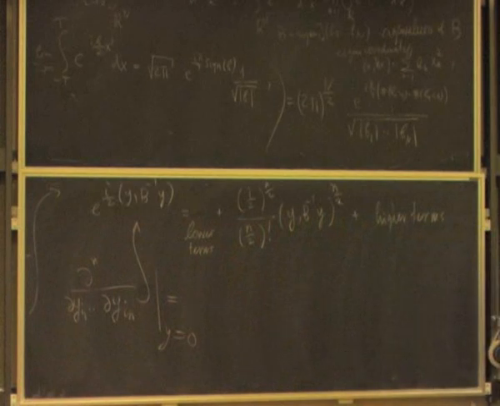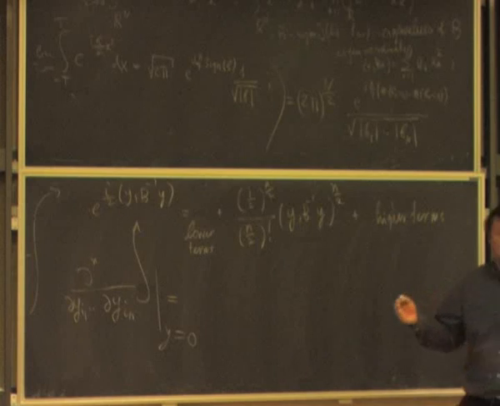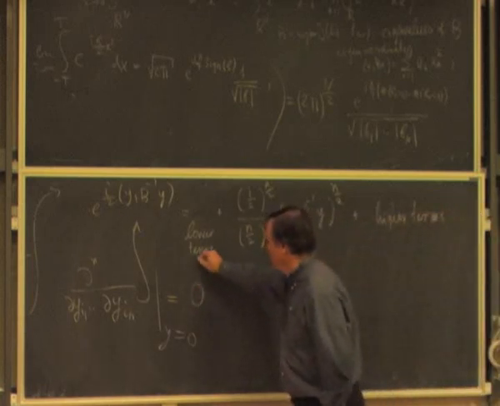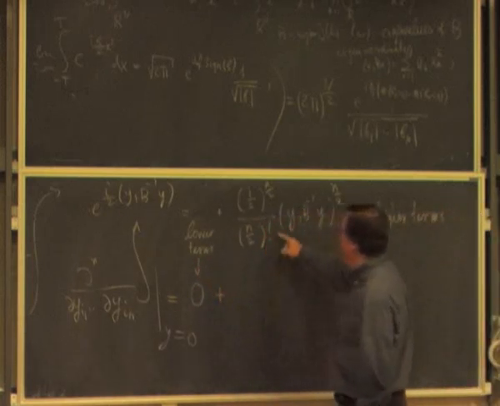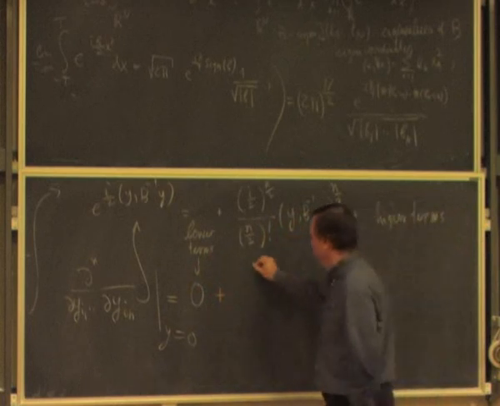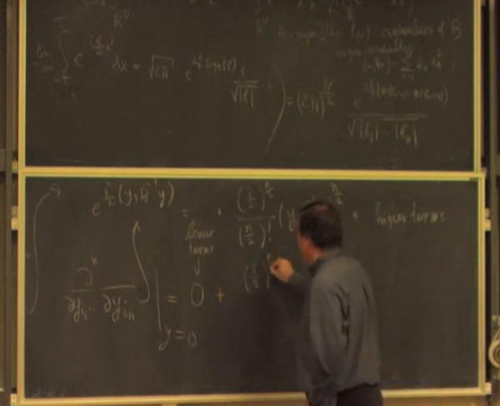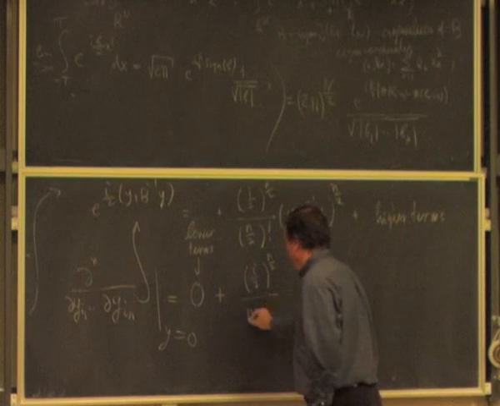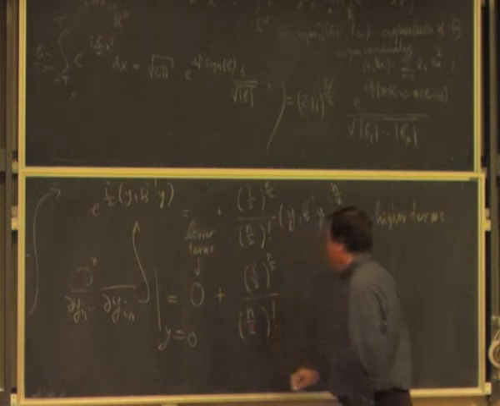The degree is lower than n over 2, so it is 0, because you differentiate n times. So the lower terms will be 0. Then from here we will have (i/2)^(n/2) times 1 over (n/2)!.